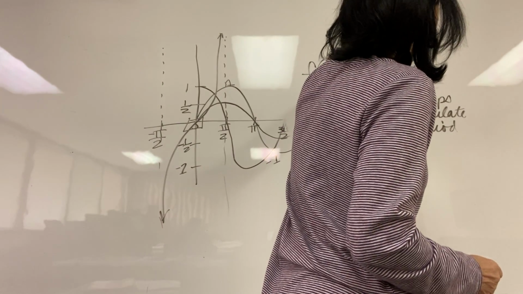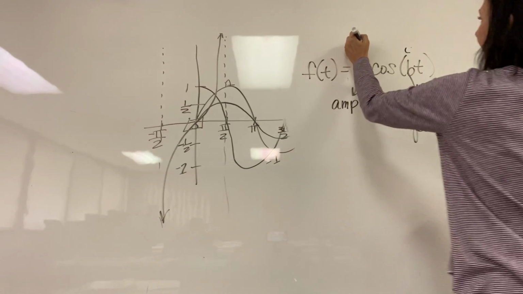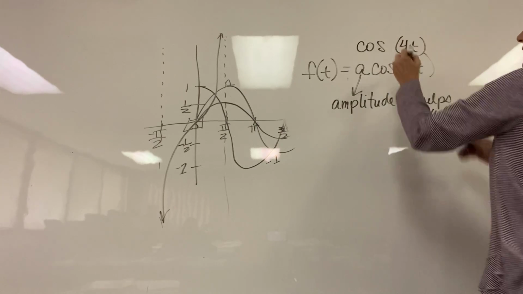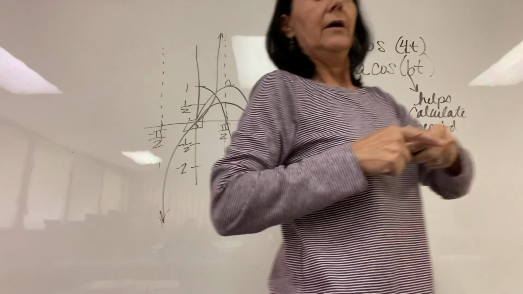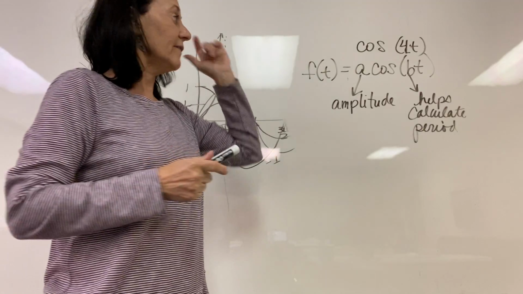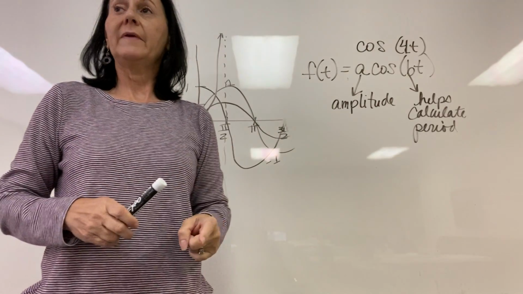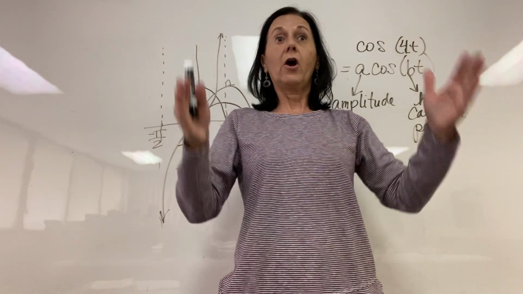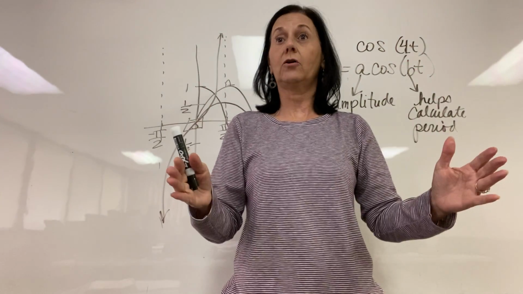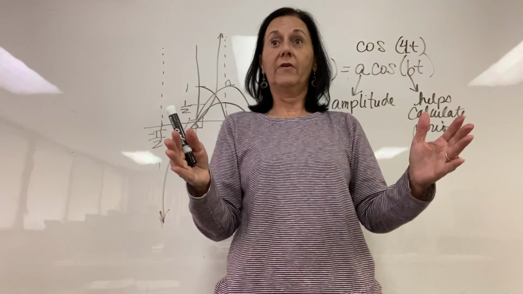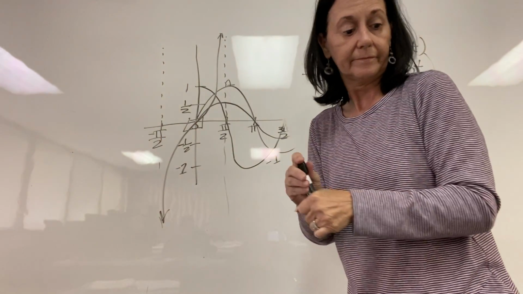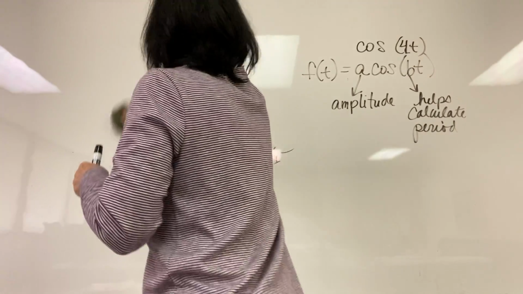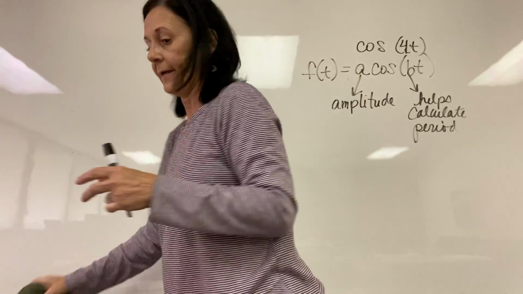So if we have the cosine of 4t, which is what we graphed a minute ago, this tells me that between 0 and 2 pi, there are going to be 4 complete cycles of the cosine curve. That means, here's what I'm expecting between 0 and 2 pi.